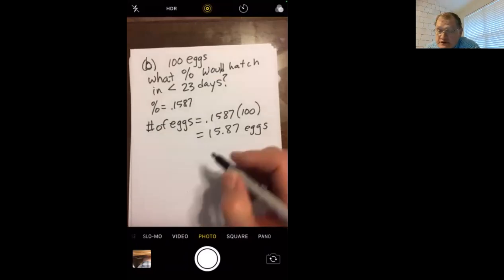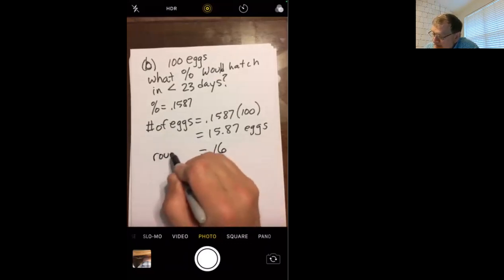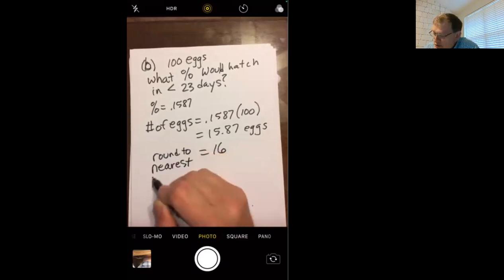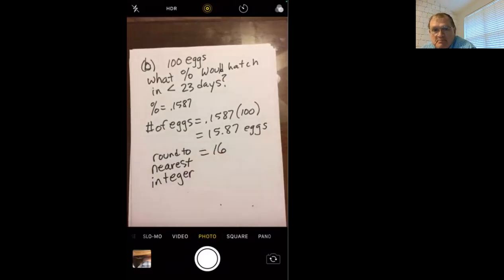If you round to the nearest integer, that would give you 16. So I'd give you full credit for either one on the test myself.